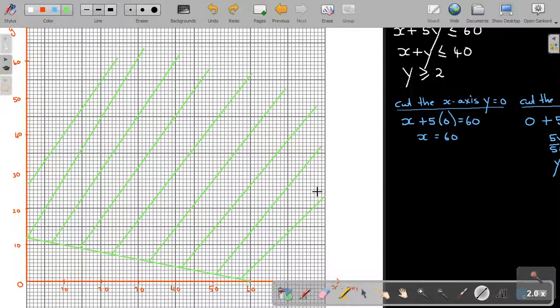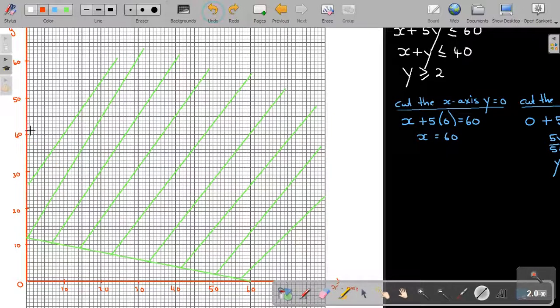Okay, and then x plus y is 40, so let's just take another color, 40 and 40, that's a nice one. And again, it's smaller, so it's again the bottom, and I will shade the top.